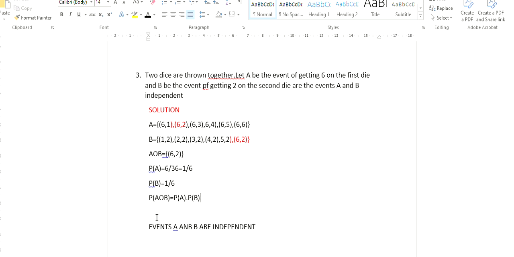So let us prove that A and B are independent. I'll take LHS as probability of A intersection B, which is 1 divided by 36.